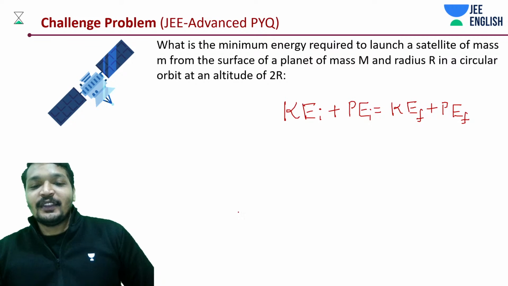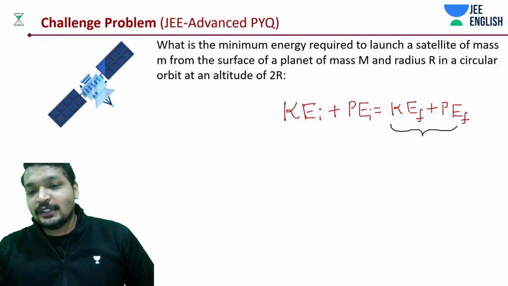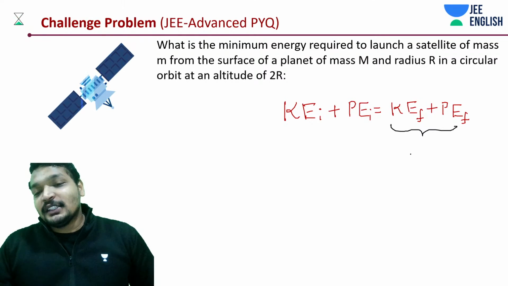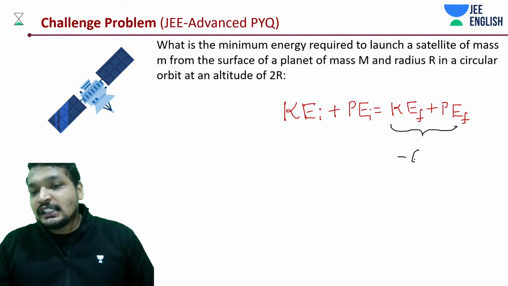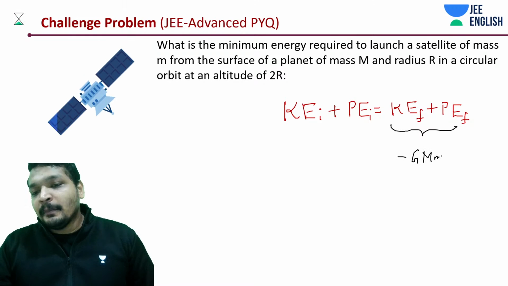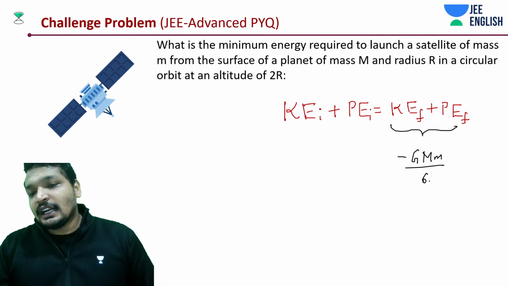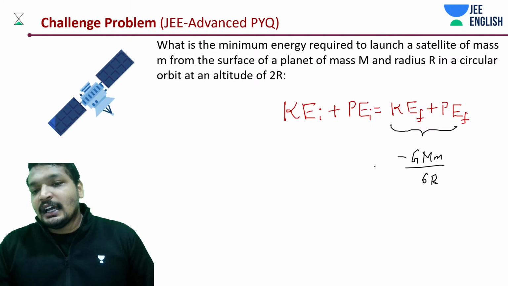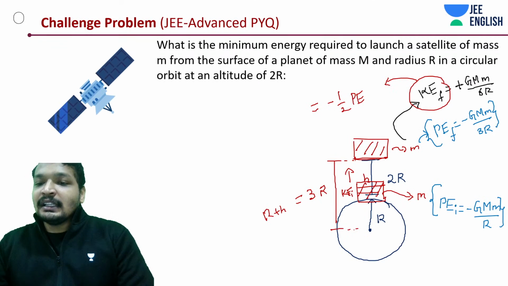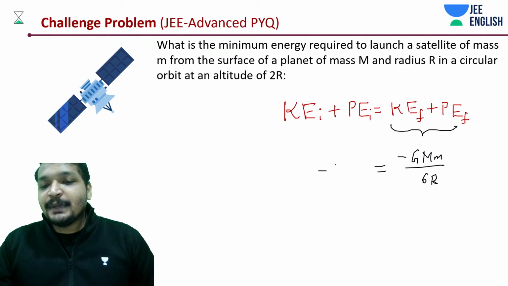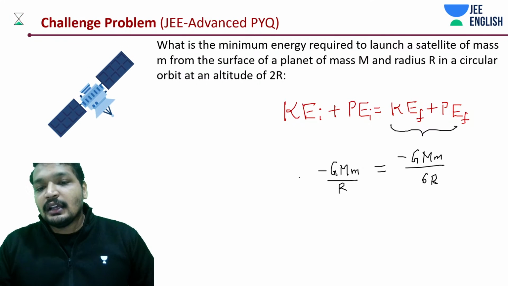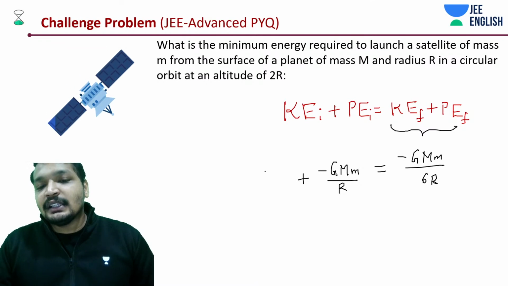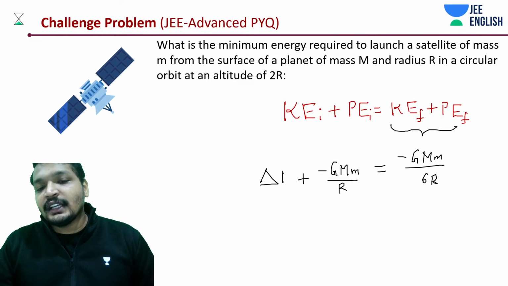So if I add up both, from those two terms it should be minus GMm by 6R, right? And what is the initial potential energy? It's basically minus GMm by R. And then what should have been that additional energy that you are giving, delta E?